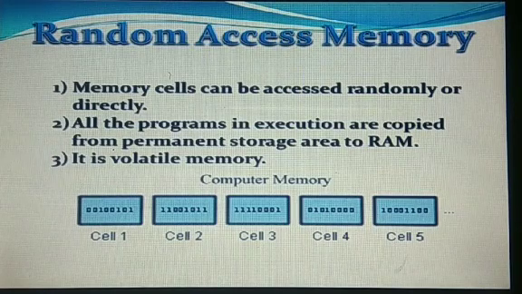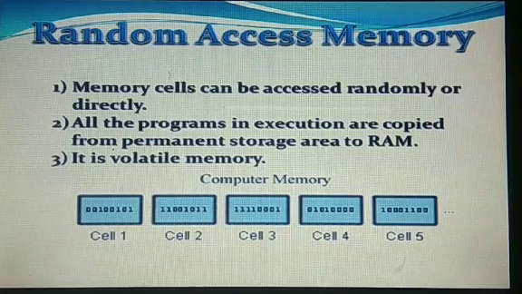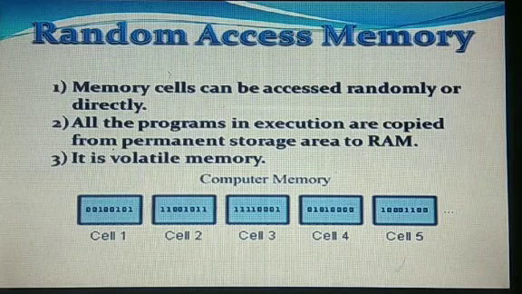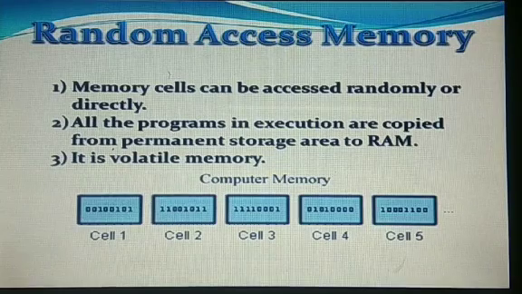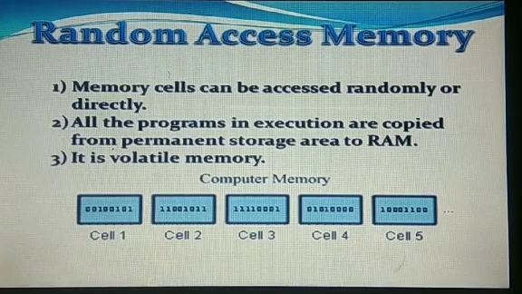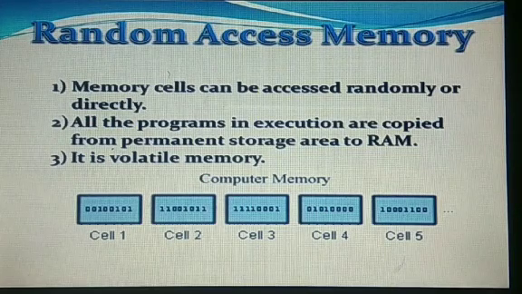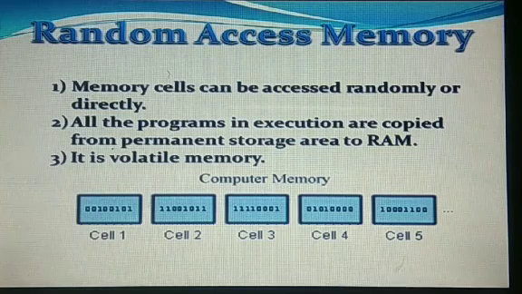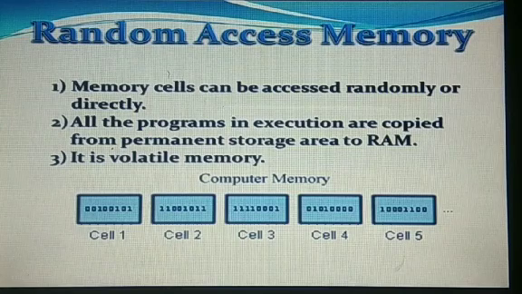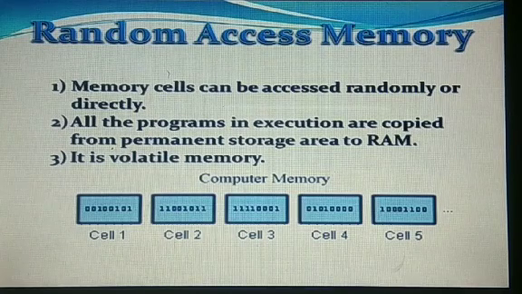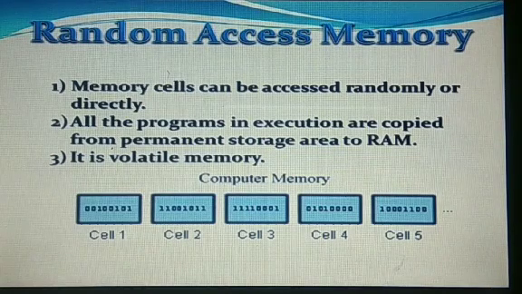Any program that is to be worked upon has to be copied from the hard disk or any storage area to RAM first, and then only we can edit or work on that program. After making the corrections, when we close our software or our file, that program gets erased from random access memory and gets stored onto the permanent storage area, which can be a hard disk or a pen drive or anywhere else.